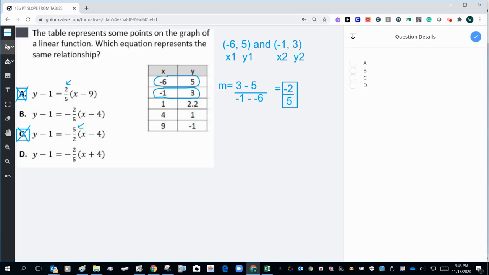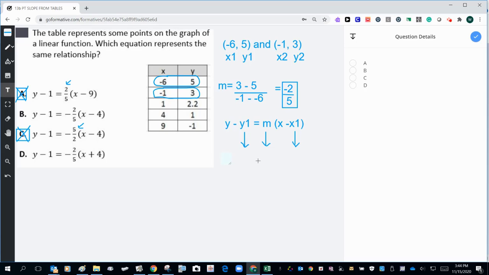Now I'm going to use the formula y minus y1 equals m x minus x1. There we go. Now, when I try to substitute y1, the slope, and the x1, let's see what happens.